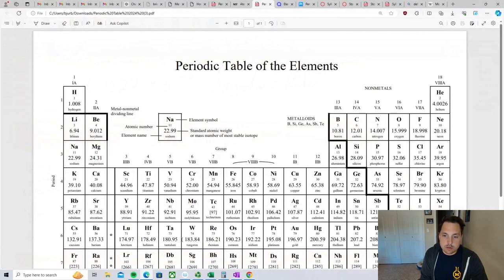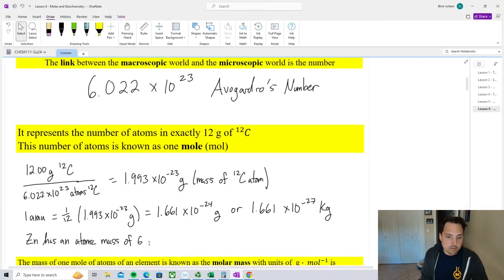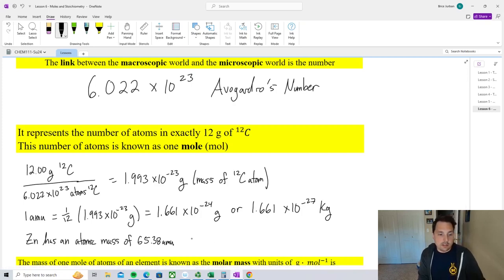I forgot already what it was. 65.38. Then therefore, its atom would have a mass of 65.38 times this number.